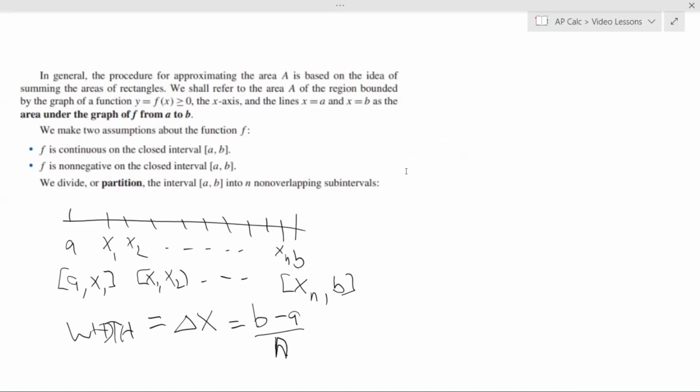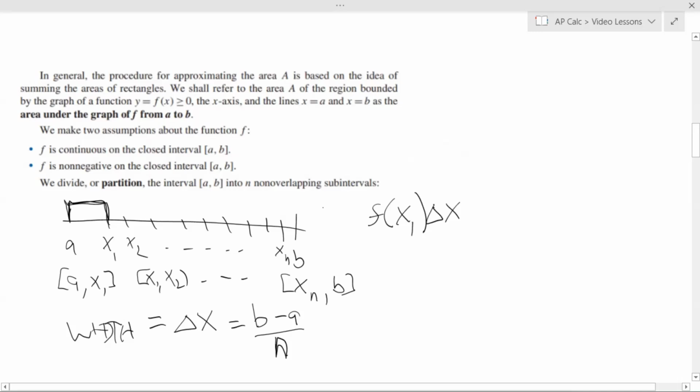So we can essentially talk about the area of each rectangle. The first rectangle, if you use the upper side, is going to go from a to x1. So that would be f of x1 times delta x. That's going to be the area of that first rectangle.